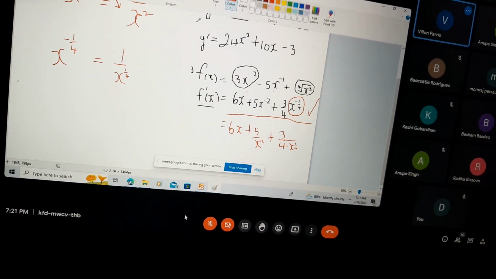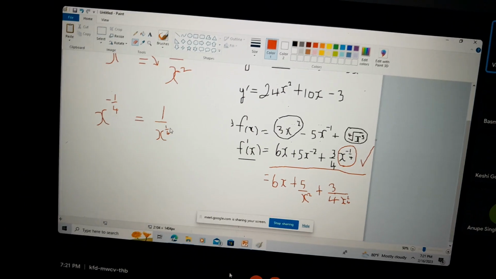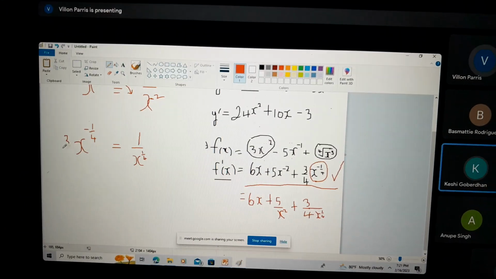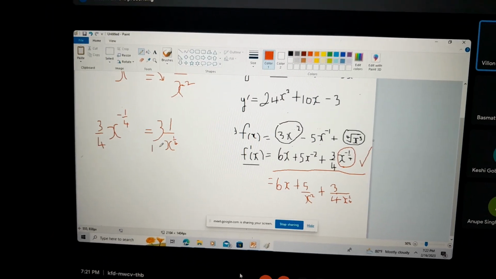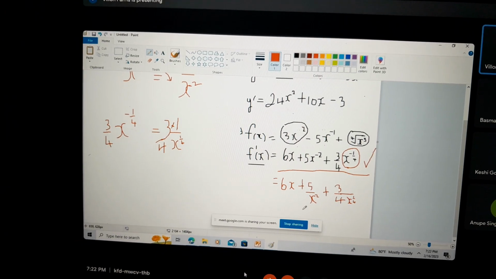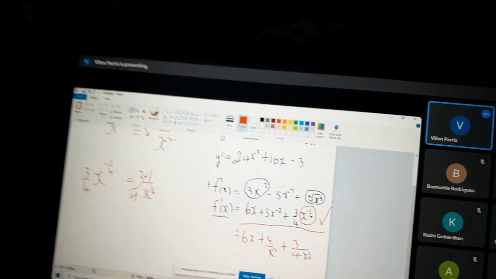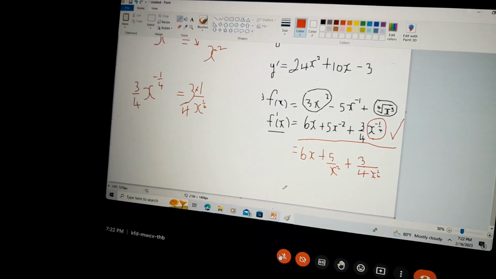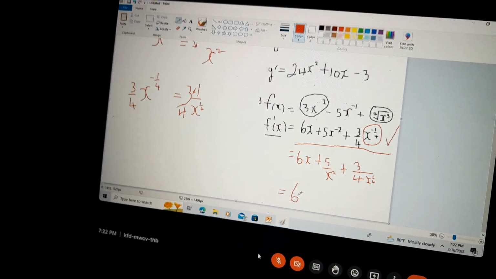Let me know if you're getting this. This is what we are putting here now. It was 3/4 of it. So if I put back 3/4 in front of it, this is what's going to happen. The 3 will multiply by the 1, and the 4 will multiply by the x to the quarter. Are we good so far? Yes, sir.